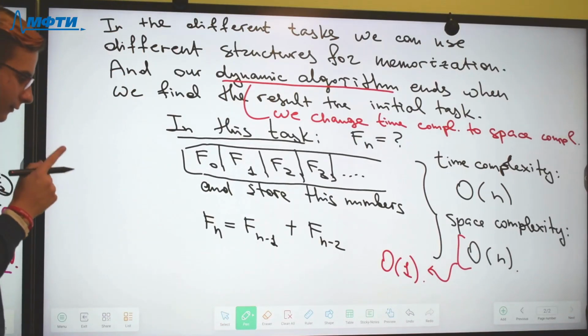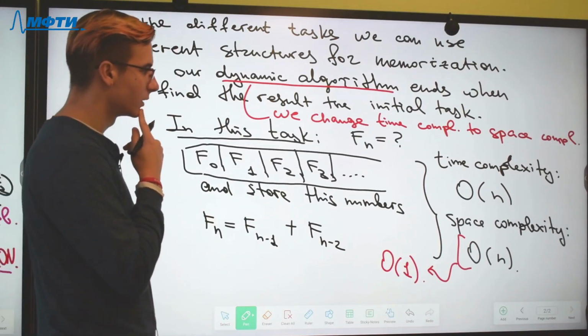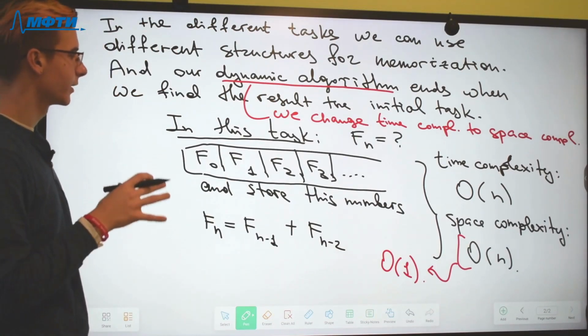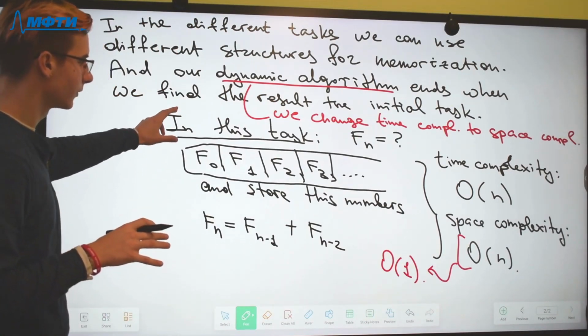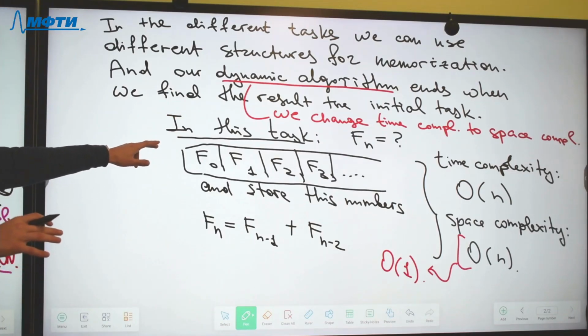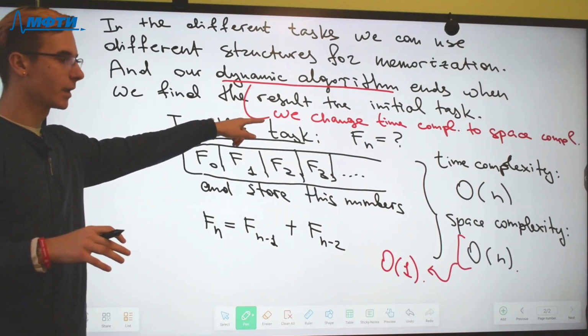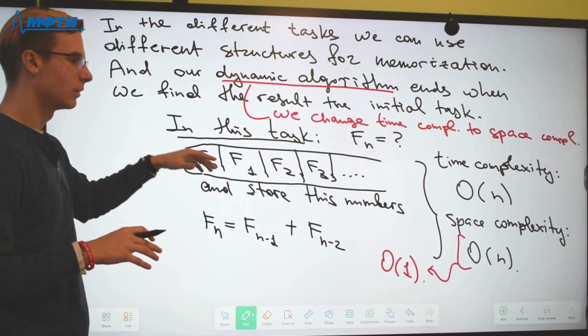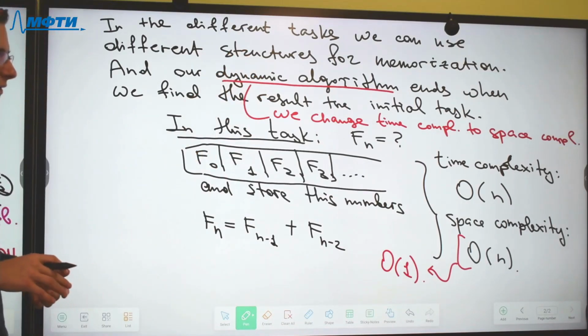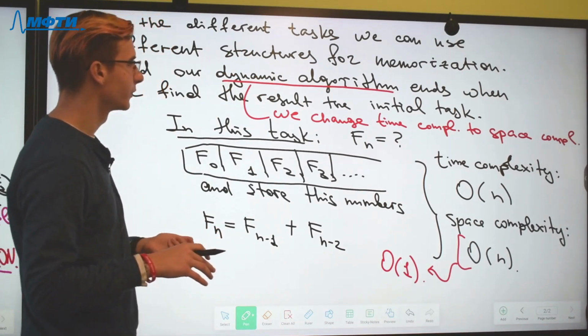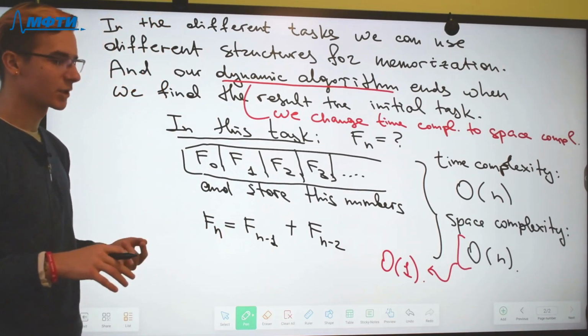So we need to understand, is it better to store bigger data and get the speedup in the time complexity, or use another algorithm and have no problems with memoization?